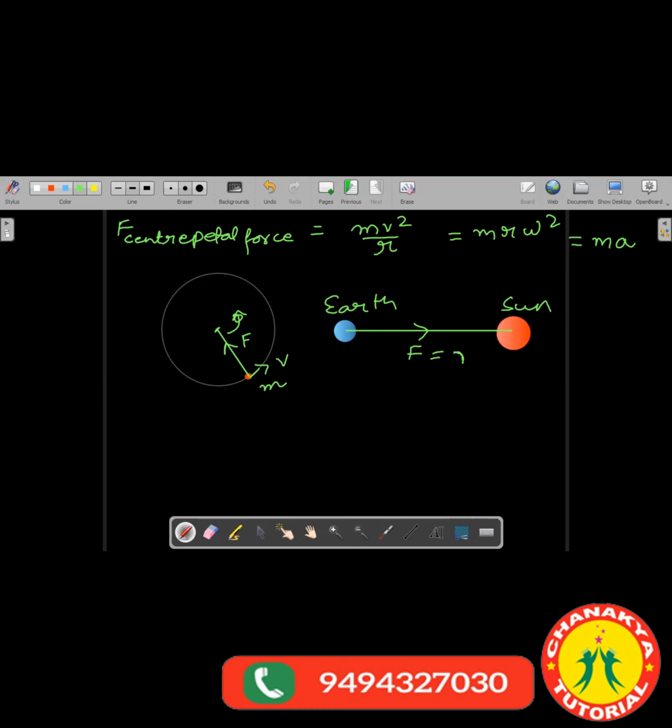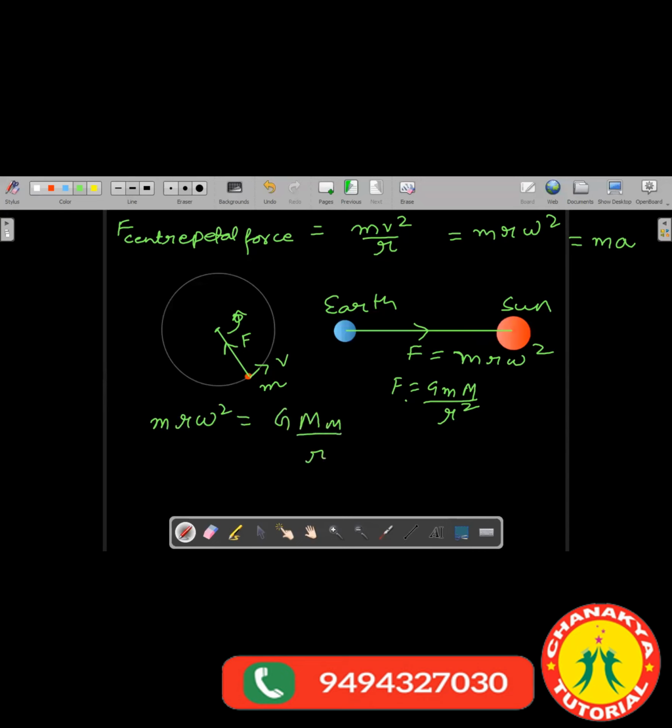So the two forces must be equal to each other, and from this you can also obtain Kepler's third law. See, the gravitational forces are the forces which apply between these two objects, and they provide the necessary centripetal force. So from this I get m r omega squared should be equal to G M m by r squared.